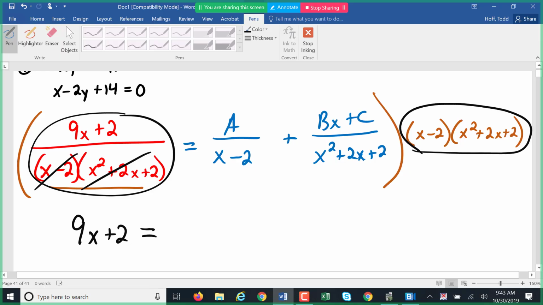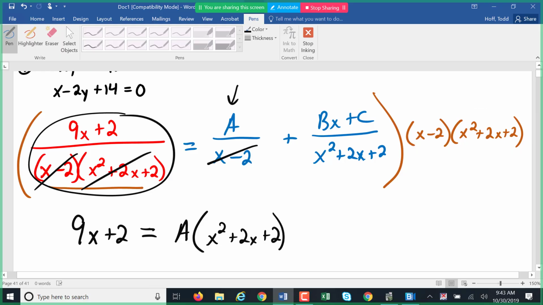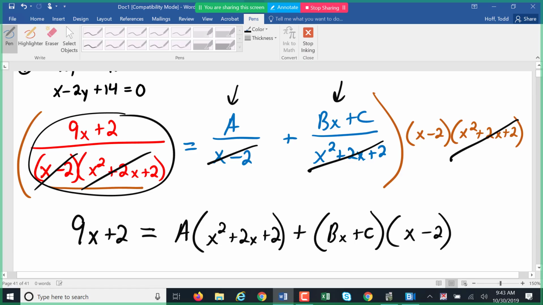When we multiply this by this next term, only the x minus 2 cancels out. So that leaves us with A times x squared plus 2x plus 2. When we multiply this third term, the x squared plus 2x plus 2 cancels out, leaving us with Bx plus C times x minus 2.